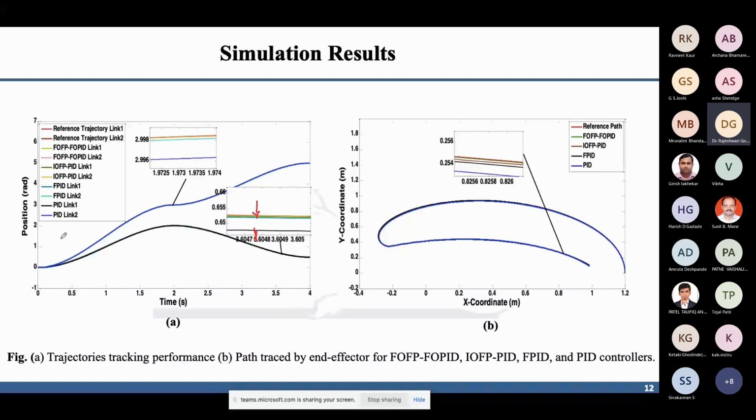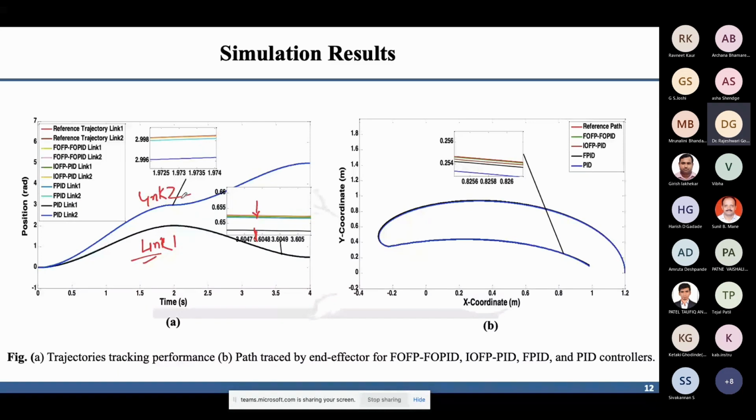The red one is for link 1, the black one is for link 2. Because for the fuzzy PID, the integer order and the fractional order, we are getting close results, that's why we zoomed that plot separately.